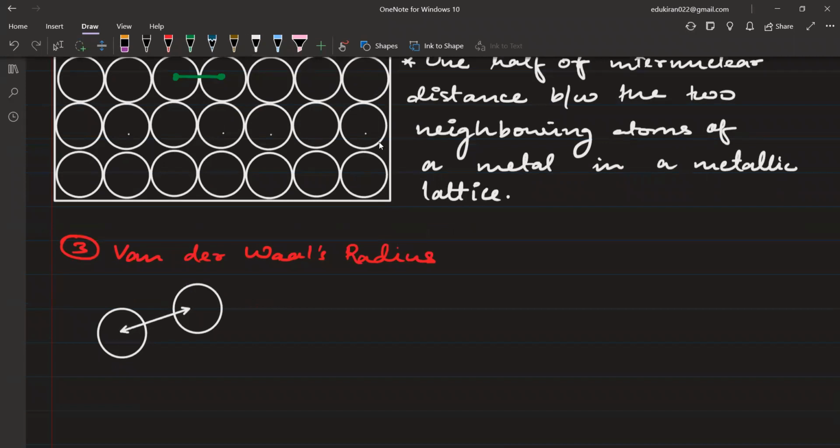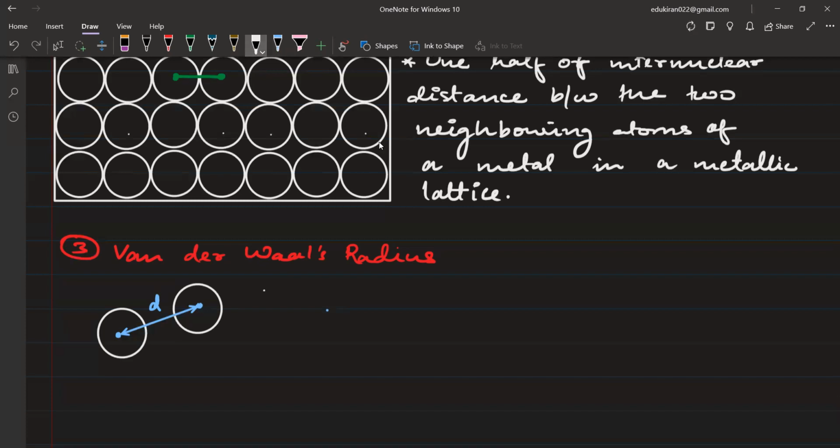Suppose that we are going from here, which is the middle of the helium atom, to somewhere here, which is the middle of the other helium atom. Let us just suppose we are just approximating things here. Nothing to be taken seriously. So now this is the distance, and this is the smallest distance between the two noble gas atoms, right? And van der Waals radius is what? It is the half of the internuclear distance between nuclei of two adjacent atoms.